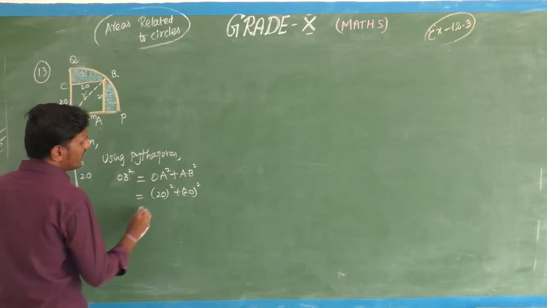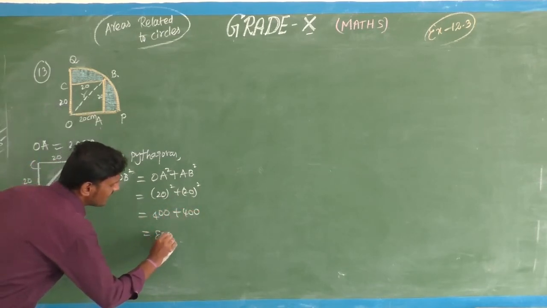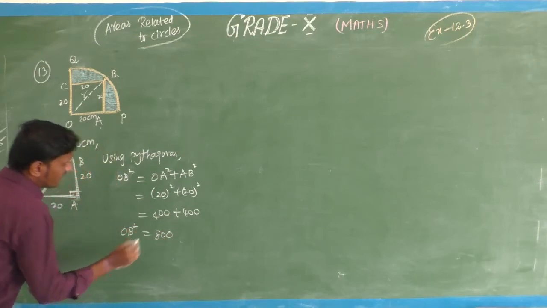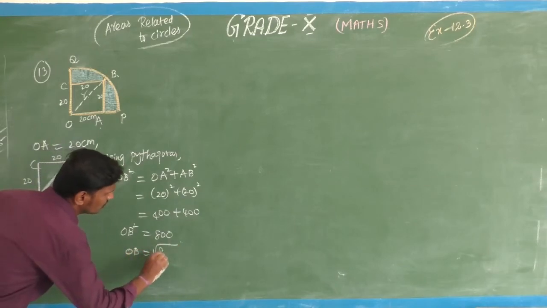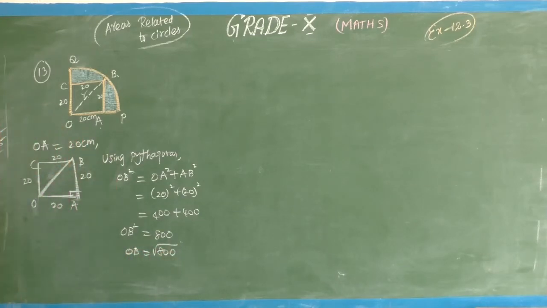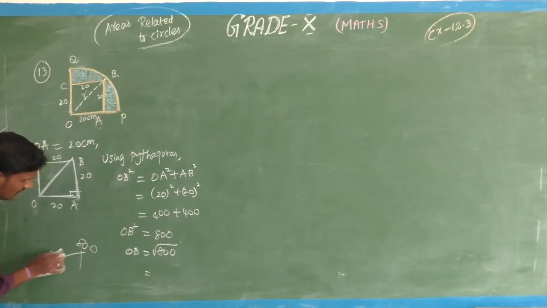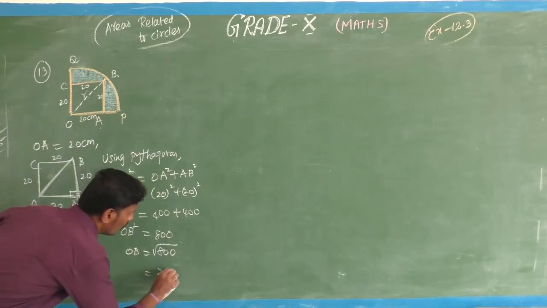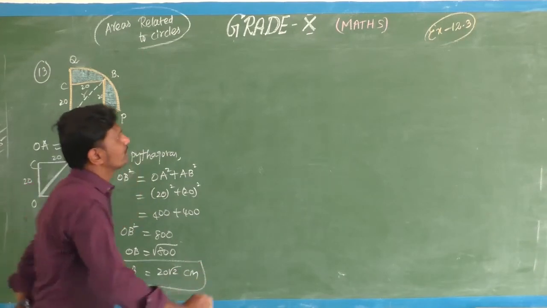So 20 square plus 20 square is OB square. Taking the square root, OB is the square root of 800, which is 400 into 2, so OB is 20 root 2 centimeter.